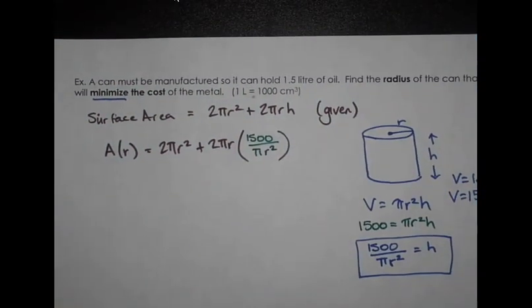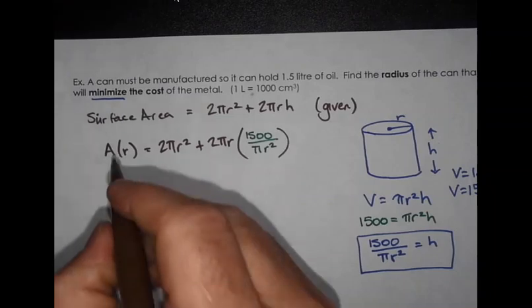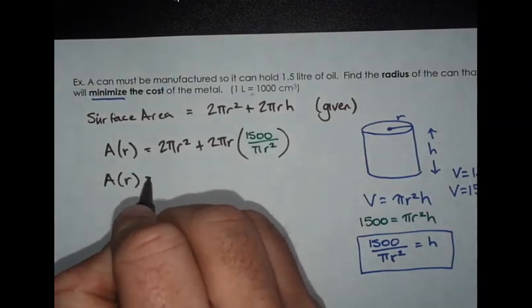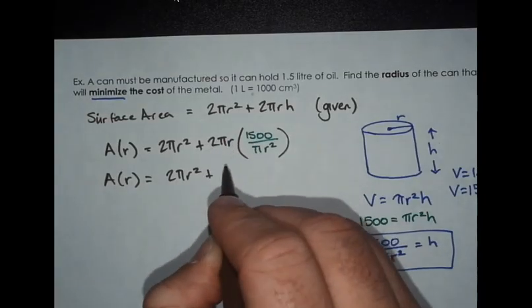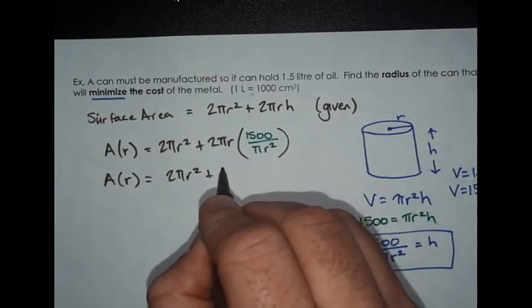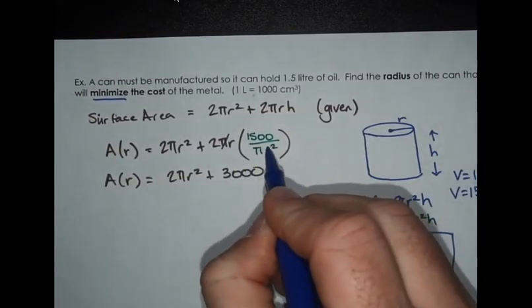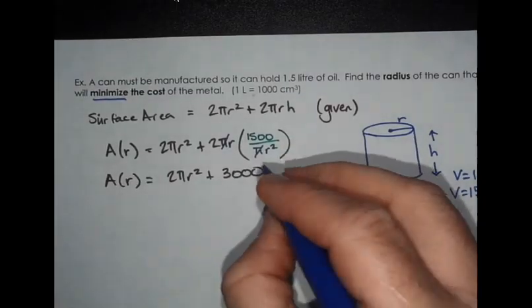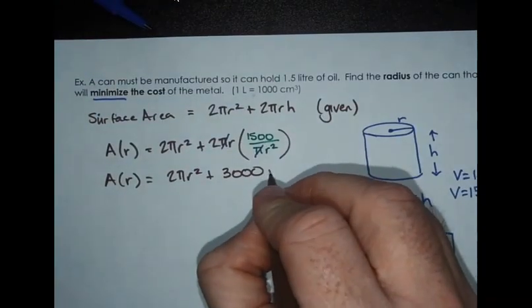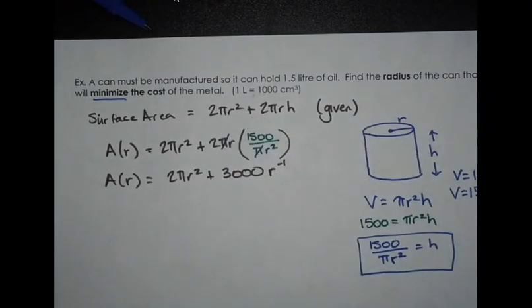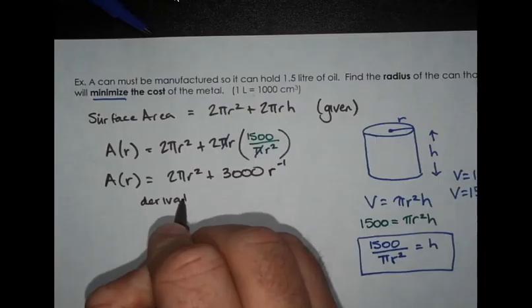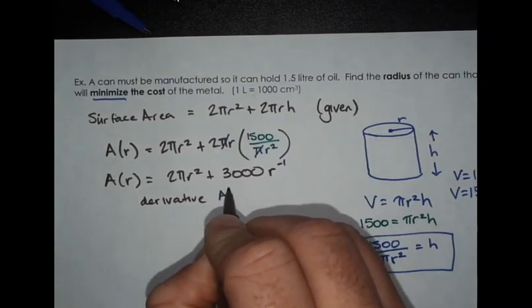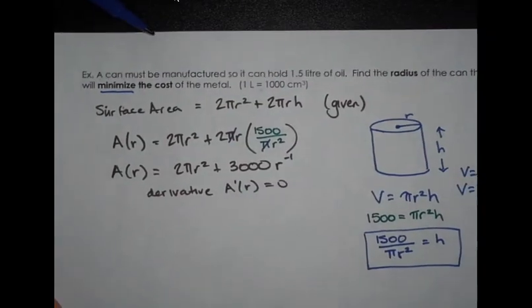All right, we're going to do a little math. We're going to try to collect like terms. So 2 times 1,500 is 3,000. Those pi's are going to cancel out, and I'm left with 3,000 r to the -1, right? And then I'm going to do the derivative and set it equal to 0.